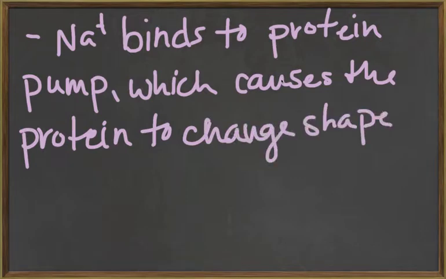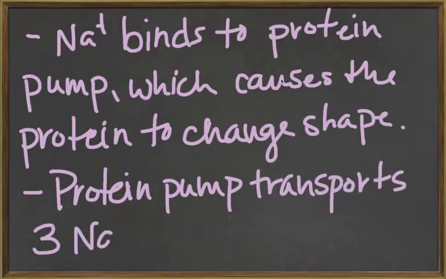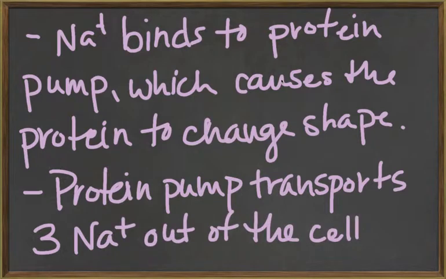And this is what allows it to take molecules inside or outside of the cell, whatever it's being asked to do. Once it changes shape, the protein pump transports 3 sodiums out of the cell. Now, sodium is what is going against the flow, against the concentration gradient. So that is why I have to bring in this pump.